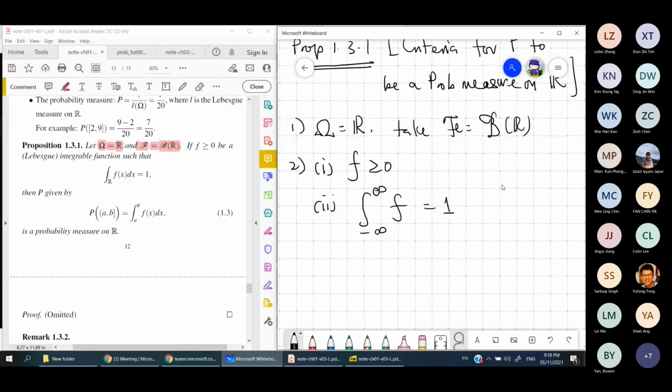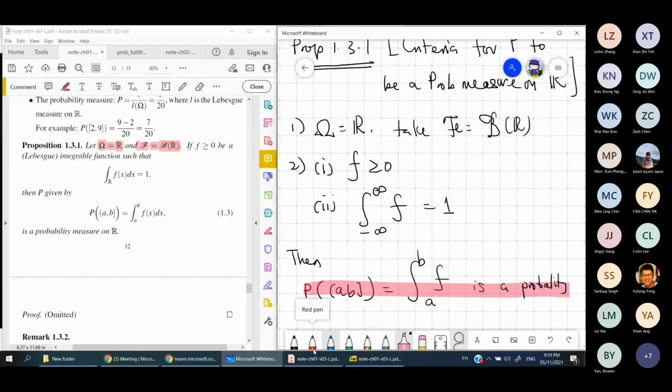If 1 and 2 are true, then P defined as P of (a, b) equals the integral from a to b of f is a probability measure.